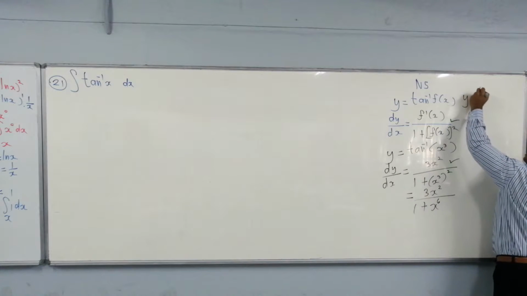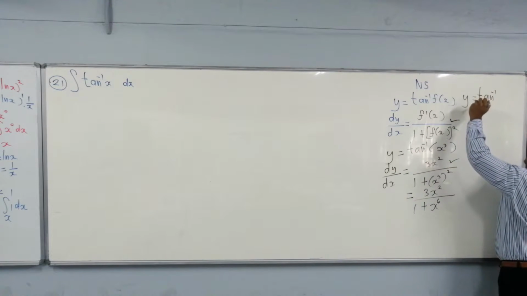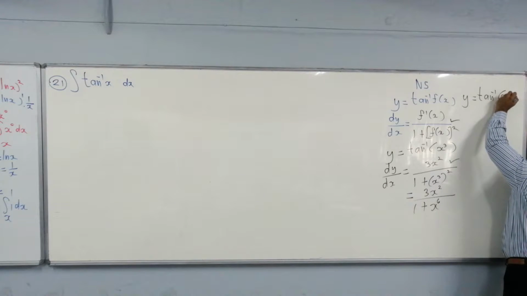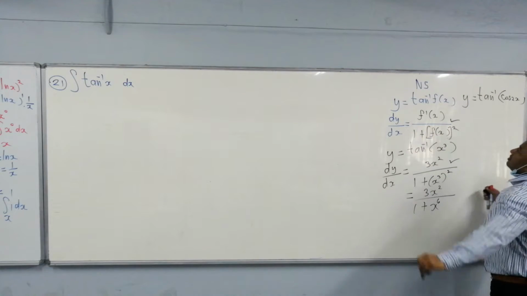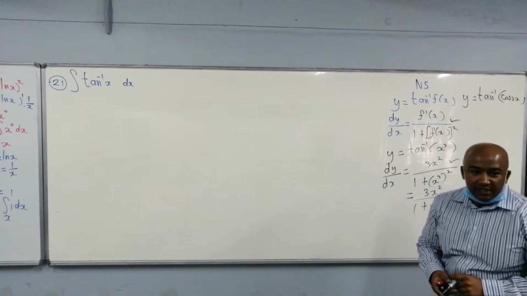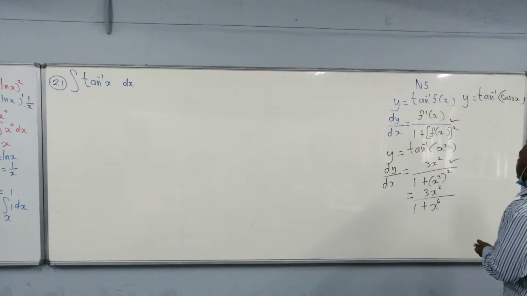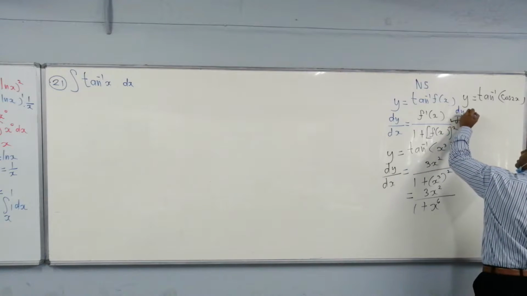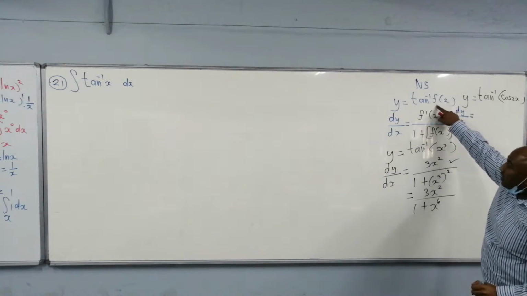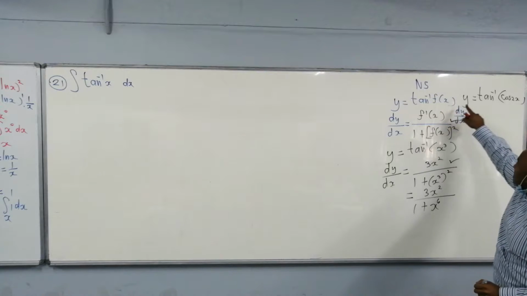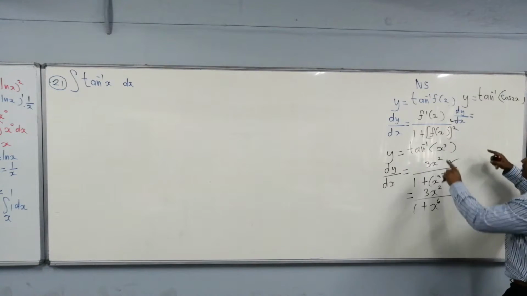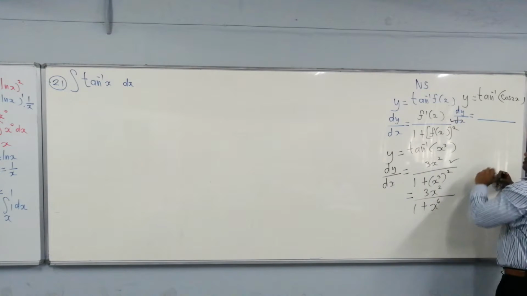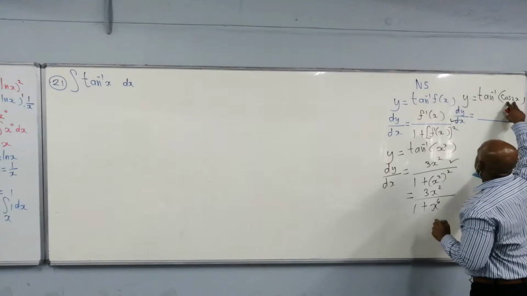Let's take one more, just to refresh your memory. Let's say y is equal to inverse tan of cos 2x. If I want to differentiate this, dy over dx, there's the formula. I identify my f of x, which is cos 2x, so f prime x means differentiate cos 2x.